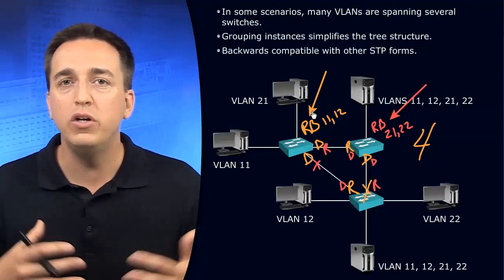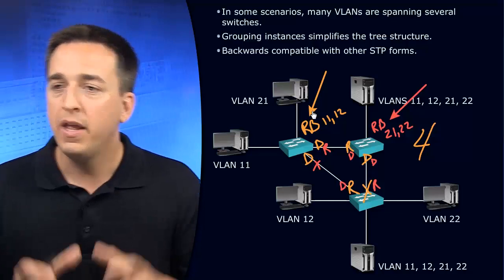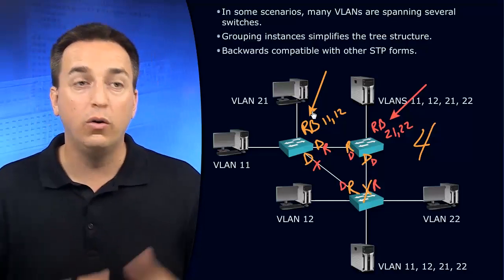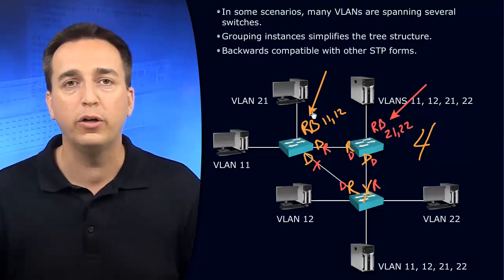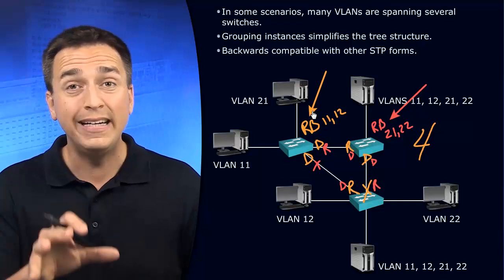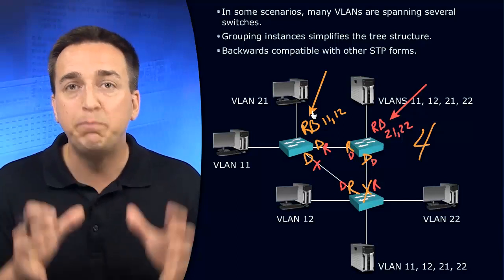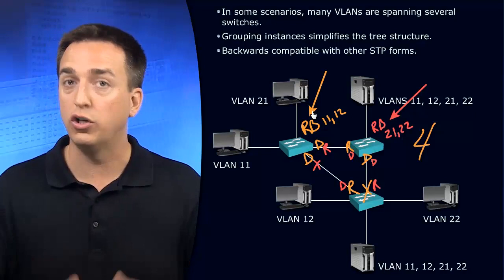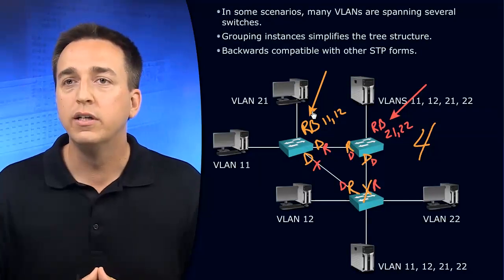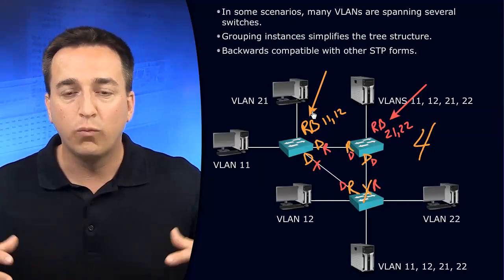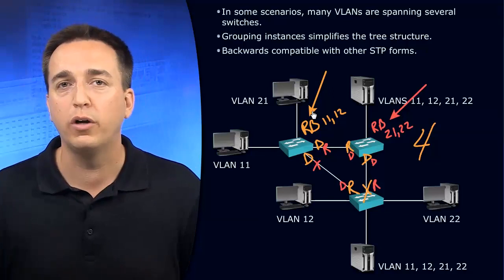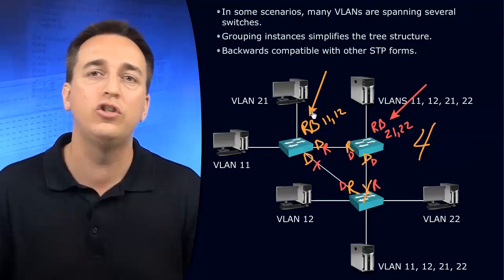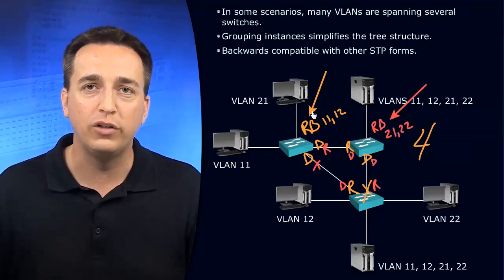It can communicate with 802.1d, 802.1w, so spanning tree protocol and rapid spanning tree protocol, so no issues there. In addition to that, it is based on rapid spanning tree protocol. So all the great features, all of the great rapid convergence that Rapid Spanning Tree Protocol provides is all baked into Multiple Spanning Tree Protocol.